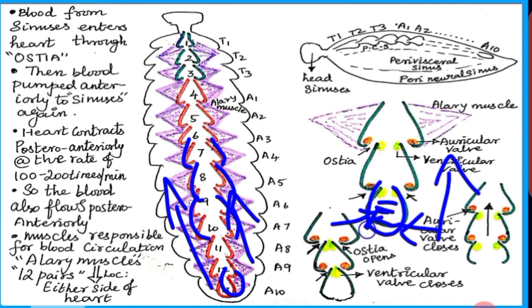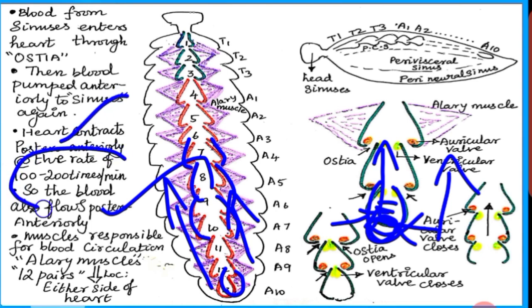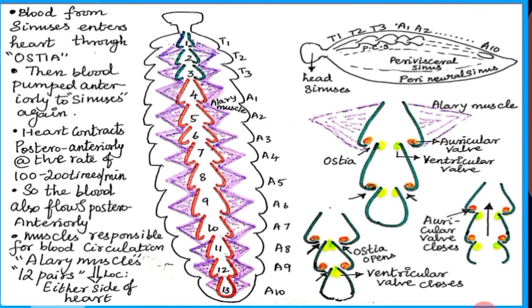First the posterior side contracts, then it pumps the blood into the anterior side. So the blood flows posterior anteriorly when the heart contracts at the rate of 100 to 200 times per minute.